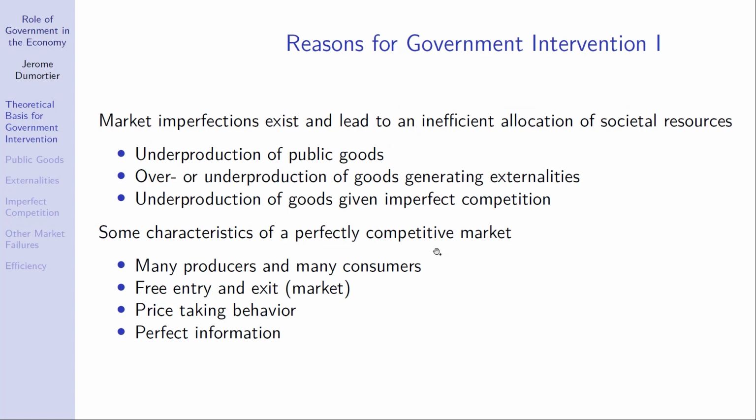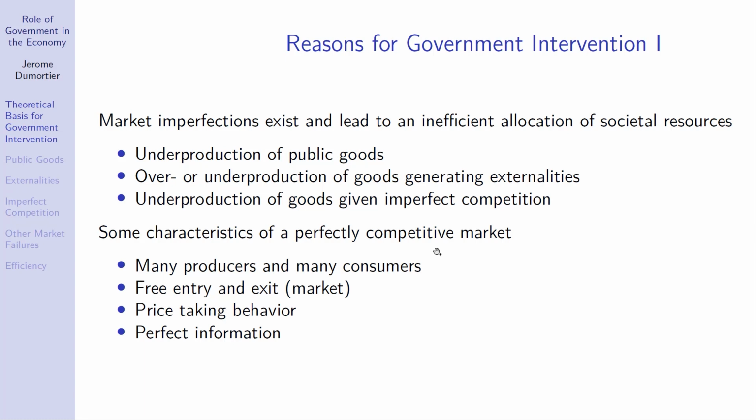Now let us have a look at the reasons for government intervention. As said before, market imperfections exist, and this leads to an inefficient allocation of societal resources. For example, if we have public goods, then those goods are underproduced. They are not produced at the efficient or optimal level for society.